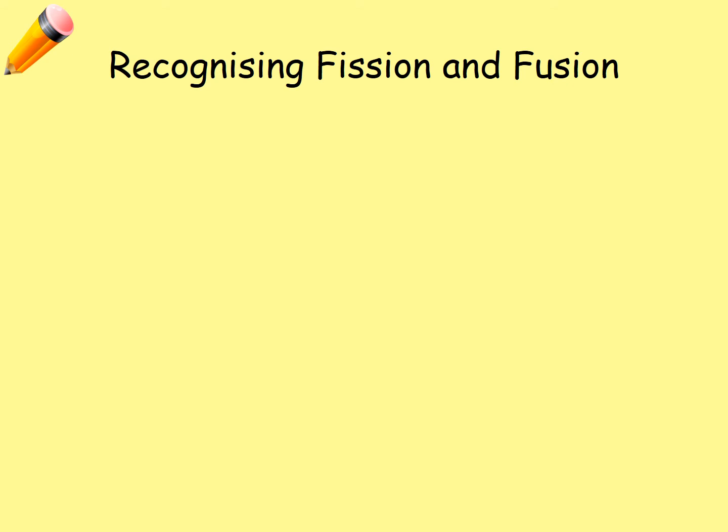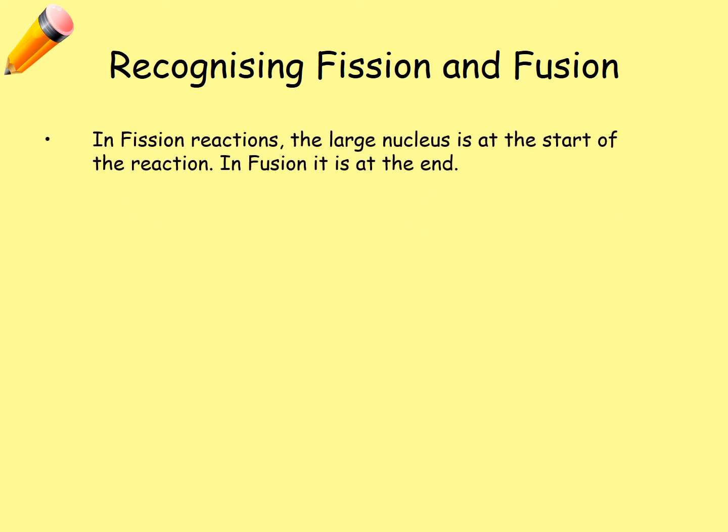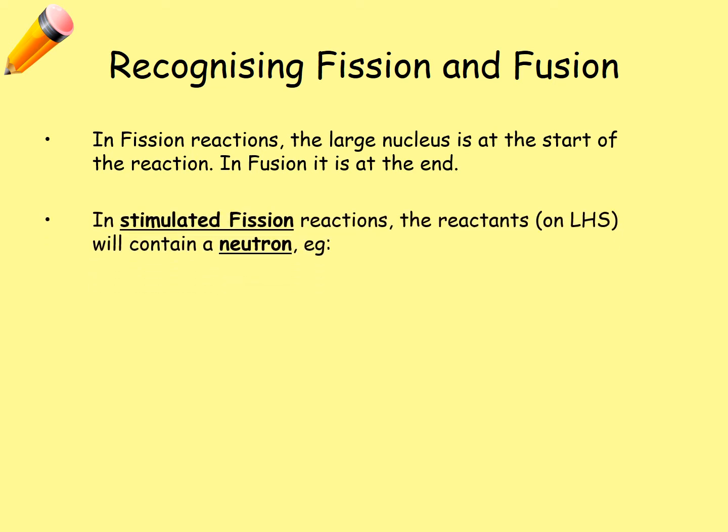Recognizing fission and fusion. Remember, in fission reactions, the large nucleus is at the start of the reaction. In fusion, it's at the end. In stimulated fission reactions, the reactants on the left-hand side will contain a neutron. For example, the example we showed before, where we had the uranium being stimulated by the neutron.